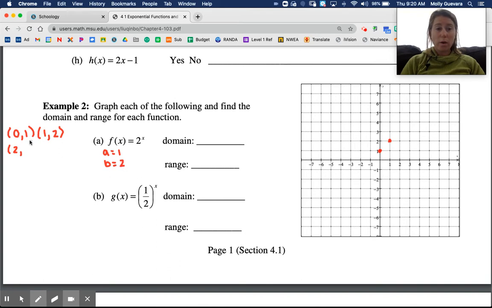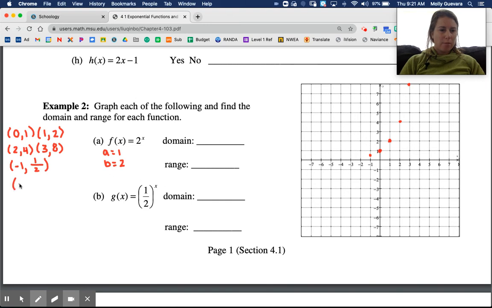Well, 2 squared is 4. So 2, 4. Then I'm going to have a point at 3, b cubed. 2 cubed is 8. Right? 2 times 2 times 2 is 8. Okay, then I'm going to have a point at negative 1, 1 over b. Well, b is 2. So negative 1, 1/2 is a point.